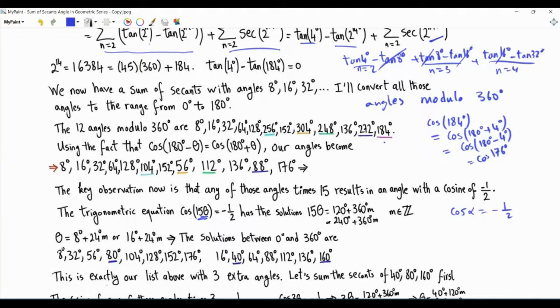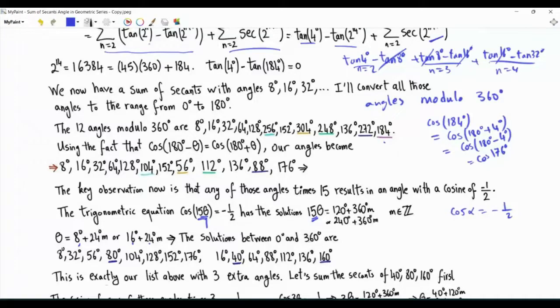And so we will discover that the angles for which 15 times the angle has a cosine of -1/2 will be in the form of 8 degrees plus 24 degrees times m, where m is an integer, or 16 degrees plus 24 degrees times m, again m is an integer. So 8 here and 16 here, and 24, they come from dividing 120, 240, and 360 by 15.